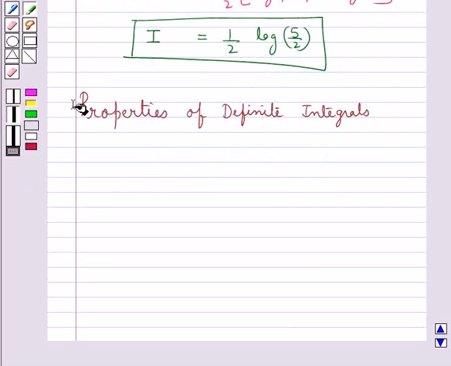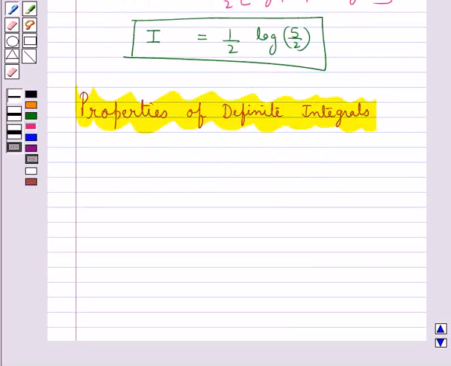Now we shall discuss some properties of definite integrals. The properties that we shall discuss now would be very useful in evaluating the definite integrals more easily. The first property is integral a to b f(x) dx is equal to integral a to b f(t) dt.